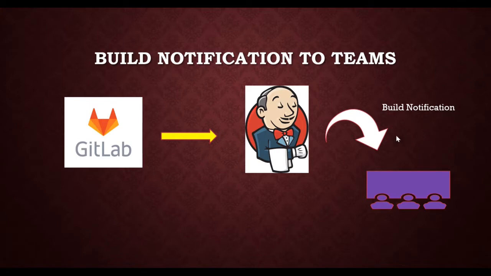In this tutorial, that centralized platform is going to be Microsoft Teams. We are going to see how we can check the success and failure build status inside the Teams channel. So without any further delay, let's start today's topic.